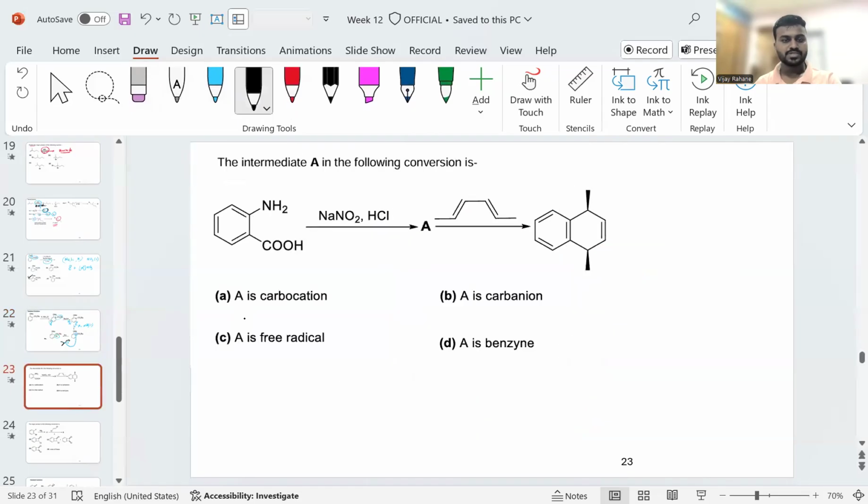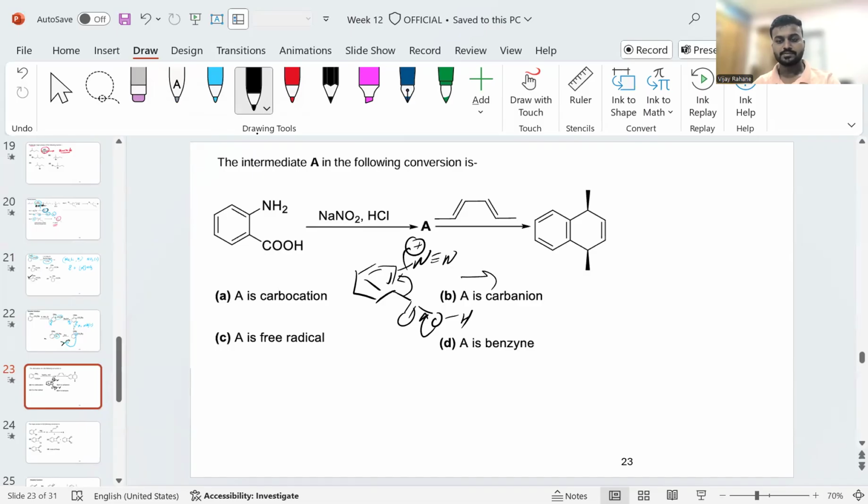Then the next question is which intermediate is involved in the following reaction? We have seen a similar question earlier also. When this amine reacts with NaNO2, it forms the N2, right? So the intermediate will be this N triple bond N plus, which is a good leaving group. Now, since in the reaction there is an acid OH, the elimination takes place in this manner.